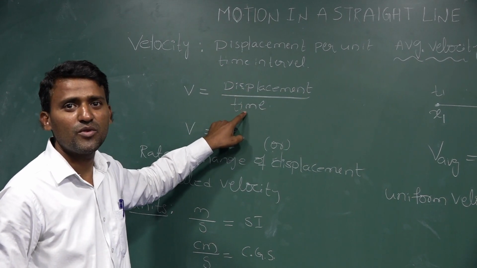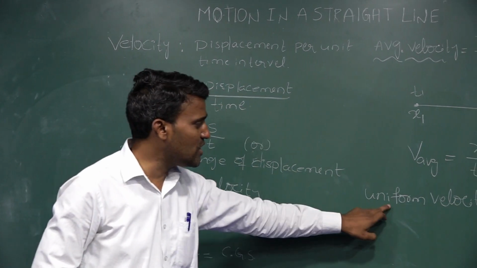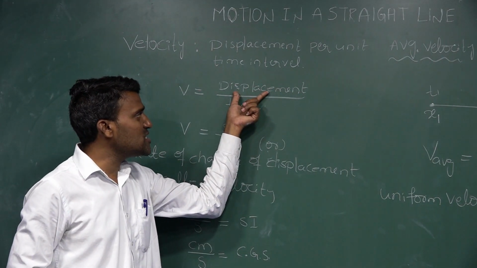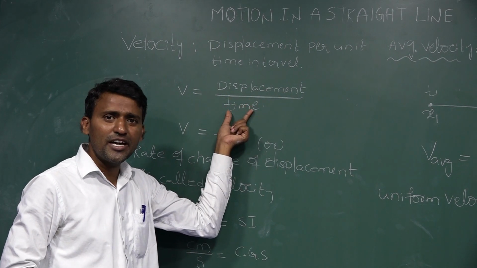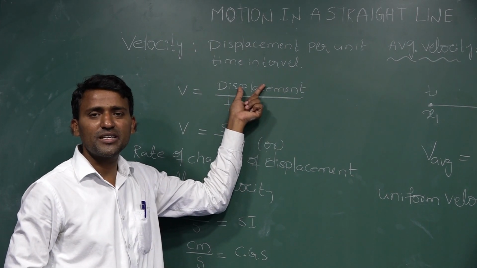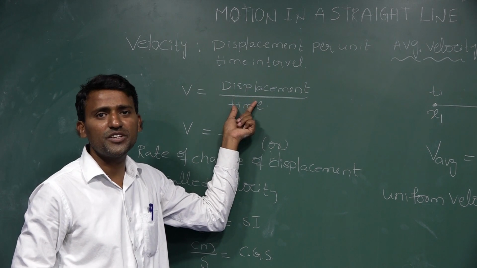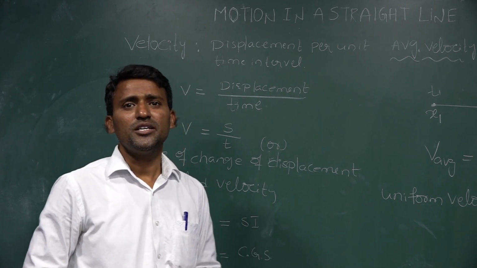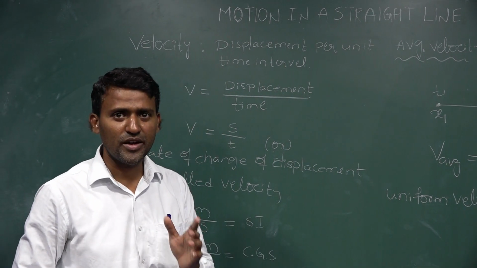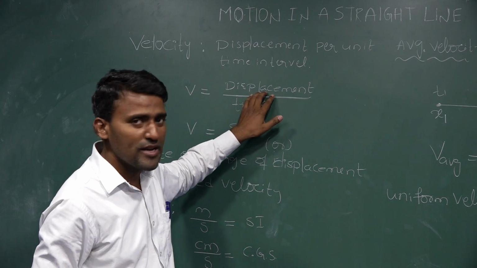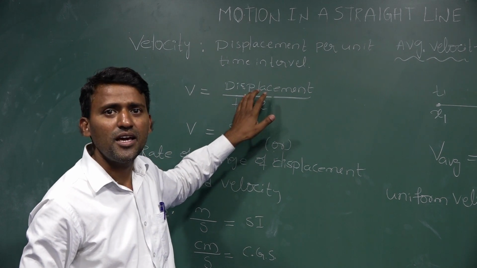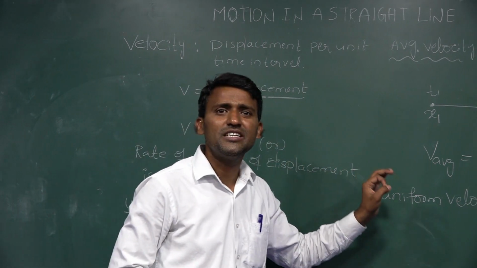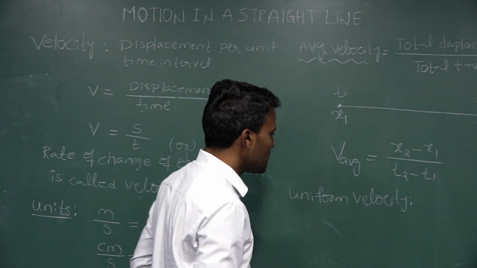Uniform velocity means equal displacement covered in an equal interval of time, however short the interval of time may be. Once again, I am defining this: equal displacement covered in an equal interval of time, however short, is called uniform velocity.